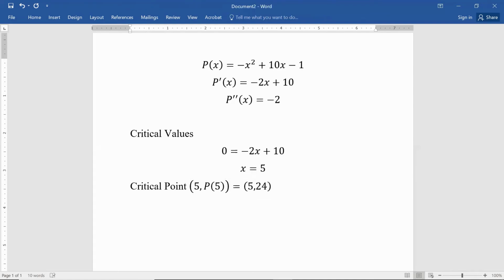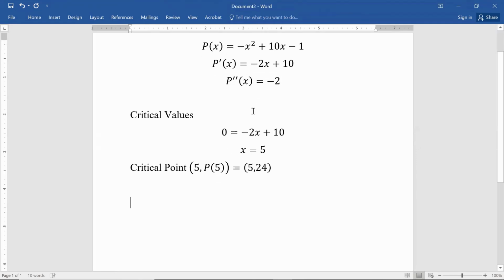Now, I want to determine whether that critical point is a relative minimum or a relative maximum. The way we do that is we plug the value of 5 into the second derivative. In this case, there's no calculation. The second derivative is a constant of negative 2. So no matter what I plug in, I'll get an output of negative 2.